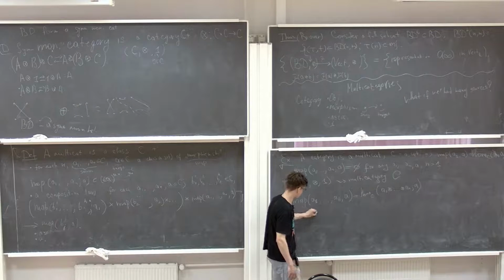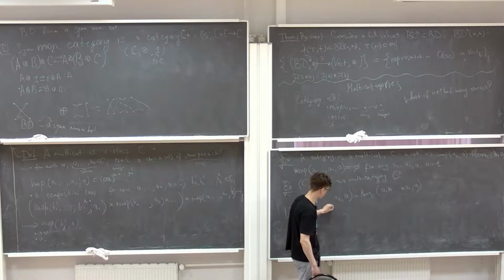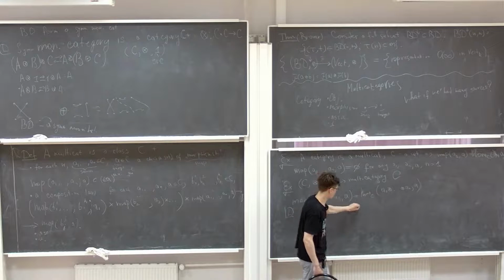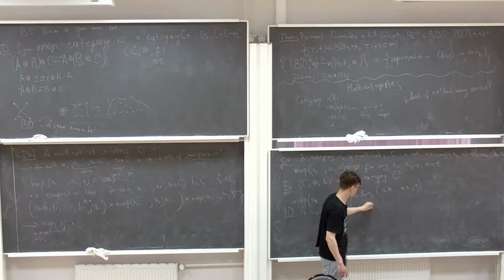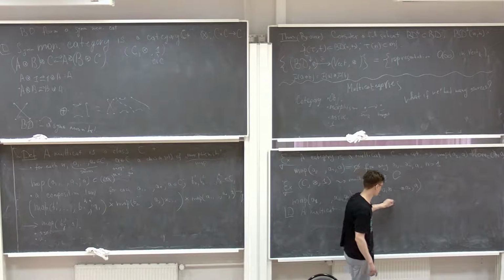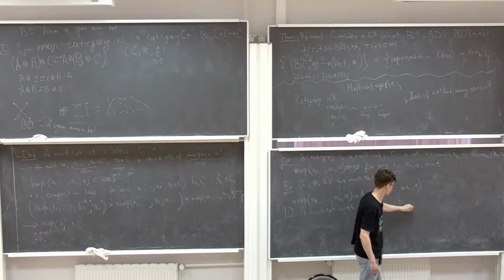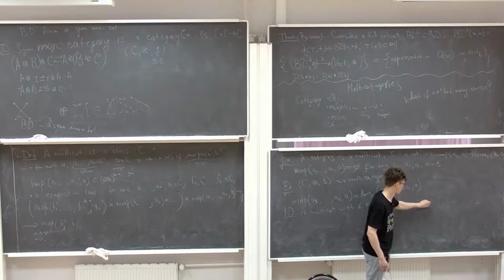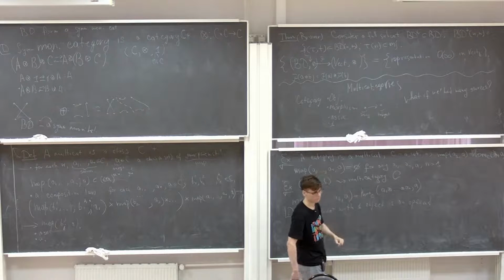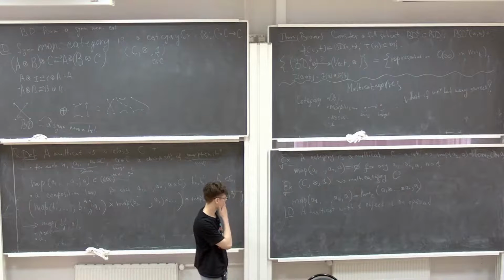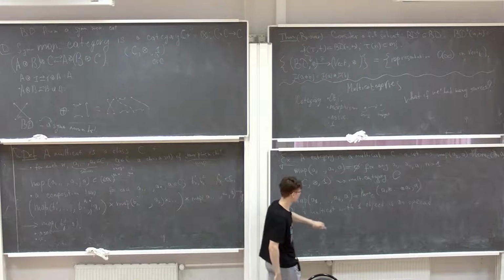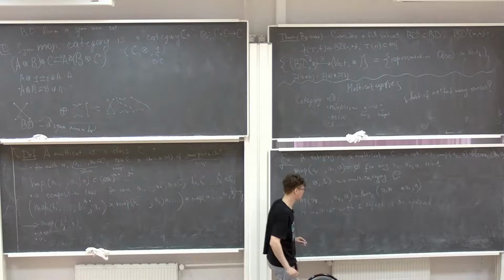A multi-category with one object is an operad. And let me give now examples of operads.